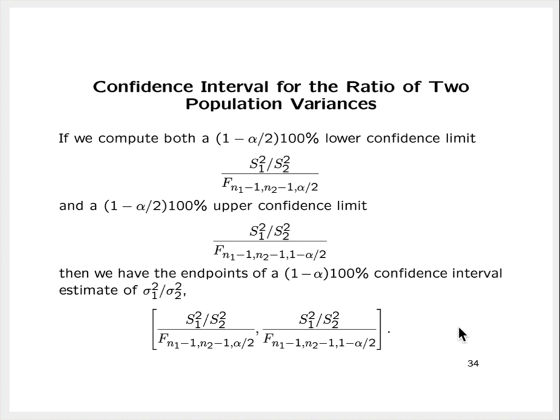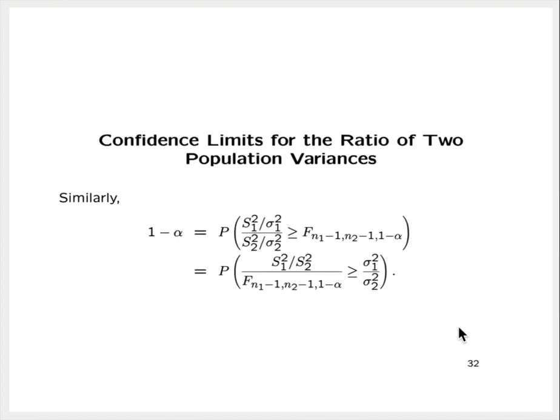So those are the formulas for constructing a lower confidence limit all by itself, an upper confidence limit by itself, and then a two-sided confidence interval. And we see how we are constructing these confidence limits using probability considerations based on the sampling distribution for the random variables that we're using, in particular this random variable here.